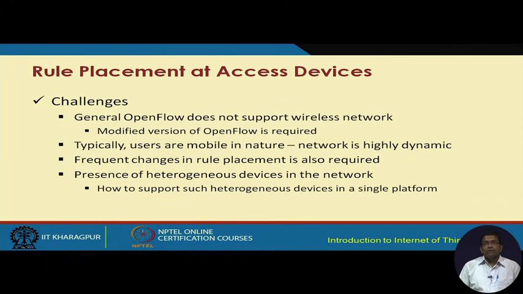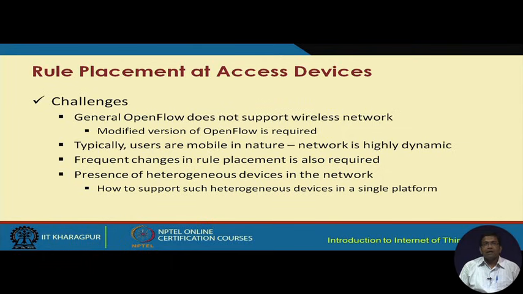So, when we talk about SDN and any SDN based solution, it is about rules, flow rules and rule placement, controller placement and so on. So, let us now look at how rule placement is made at the access devices in these networks.